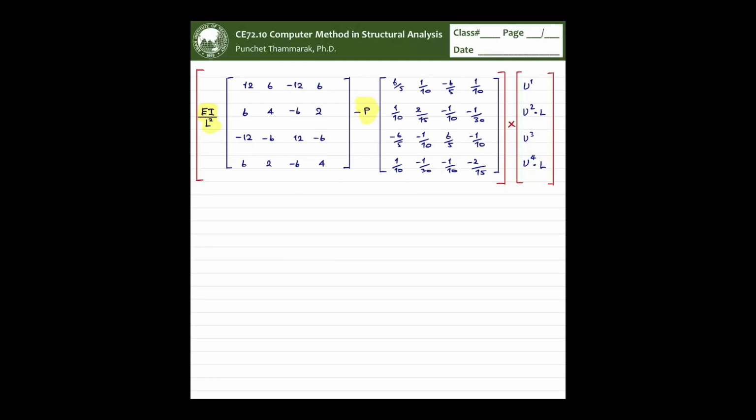Pi squared EI over KL squared. If you factor out the pi and K, which is the effective buckling length factor, then you will get EI over L squared, which is consistent with what we did.